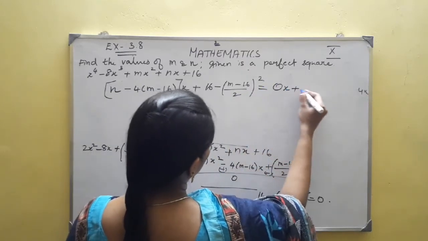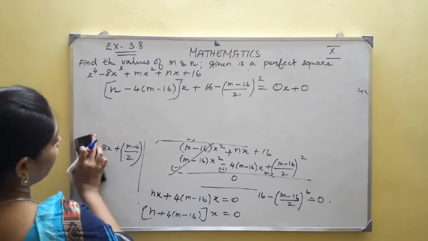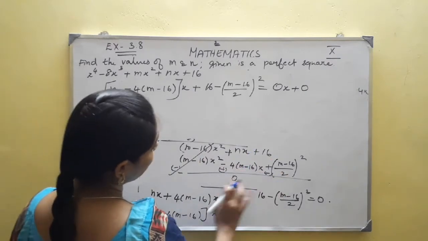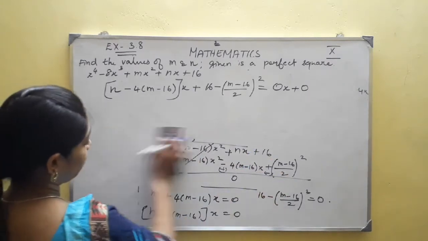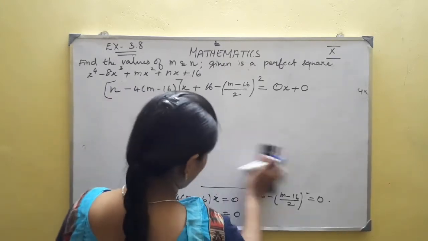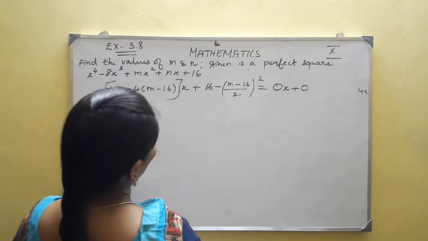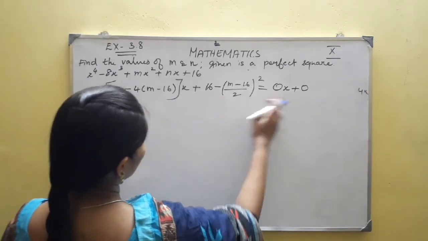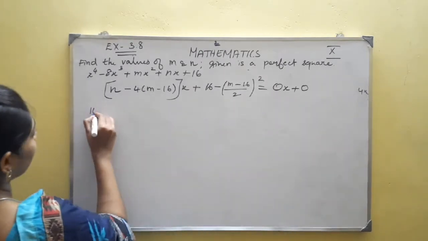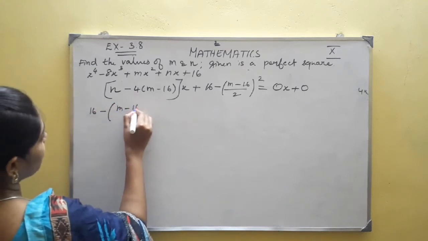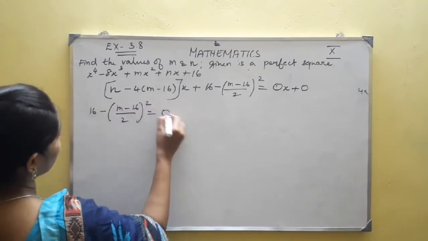This can be written as 0x plus 0. So definitely this portion gives you 0, no? So while equating the coefficient of x and the constant term, I will get 16 minus m minus 16 by 2 the whole square equal to 0.